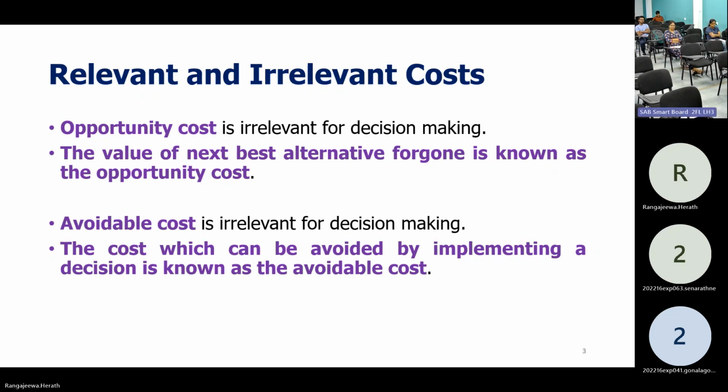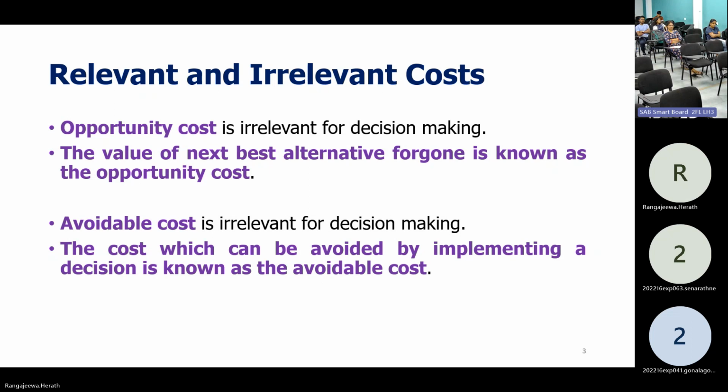That should be relevant. In addition to that, there is a 10 rupee further processing cost. Further processing cost is relevant because it's an avoidable cost. If you don't go for the further processing, you could have avoided that 10 rupees. Because of this decision, we have additionally incurred 10 rupees.